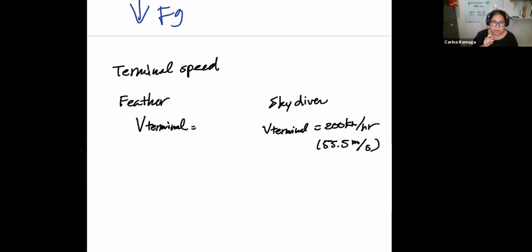So when it's light, it matches the gravitational force rather quickly. So the terminal speed of the feather is like a few centimeters per second. So it's very small.